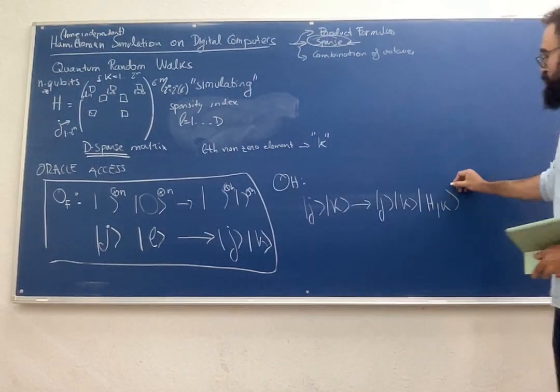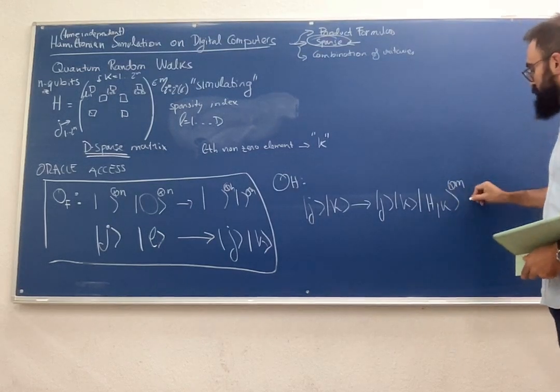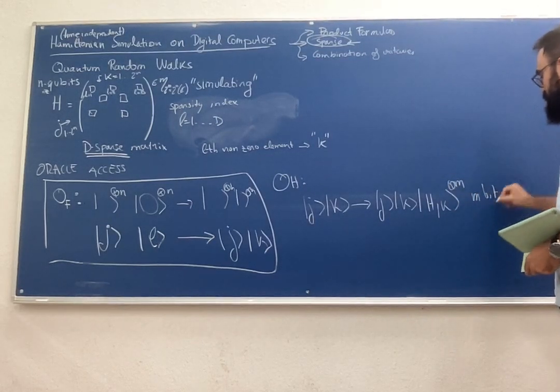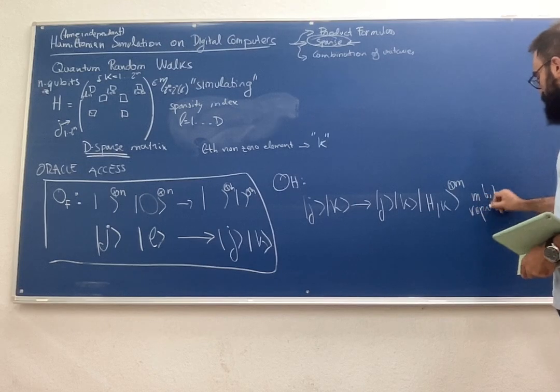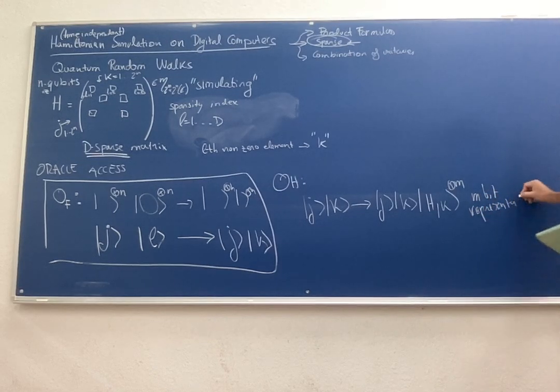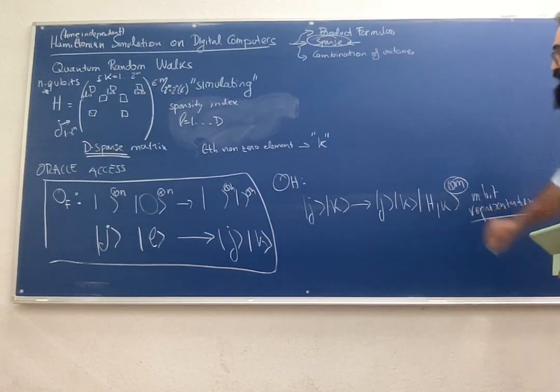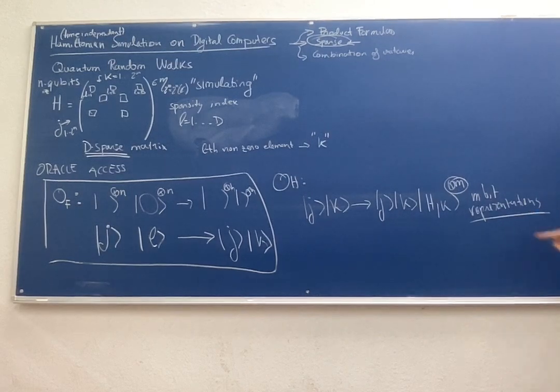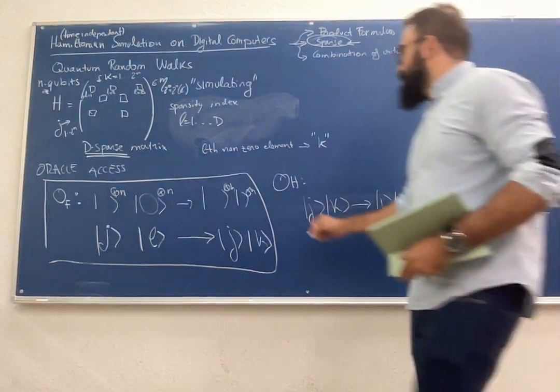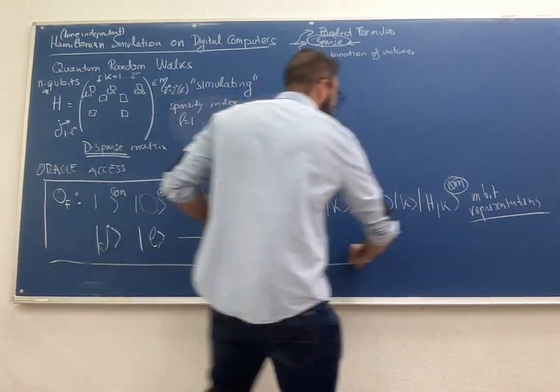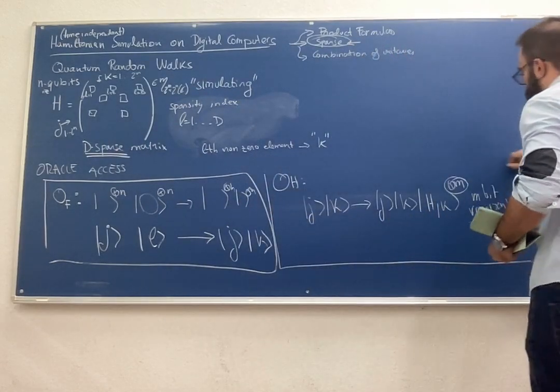So basically, this is going to have an n-bit representation. And with these n bits, we may represent any complex number with real and imaginary part, up to the precision that we want. But the thing is that we are using this number of resources here to encode the value of the Hamiltonian. And this is how we can access our Hamiltonian.